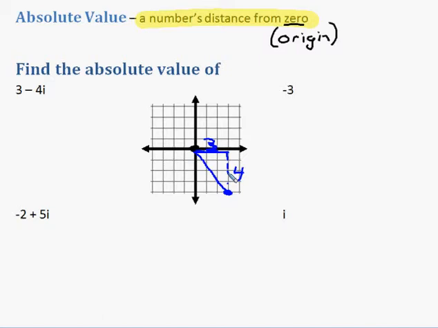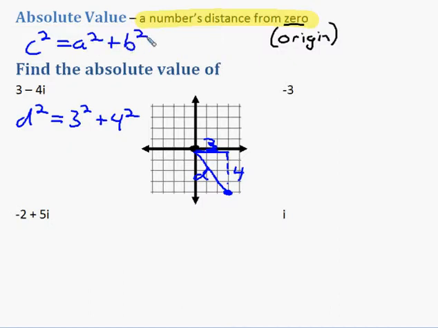So what we do here is we're going to find the distance, let's call it d. d squared equals 3 squared plus 4 squared. So remember Pythagorean theorem, c squared equals a squared plus b squared. And this is in a right triangle where c is the hypotenuse and a and b are the legs. That's a quick reminder for you.